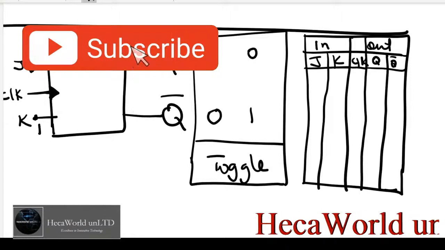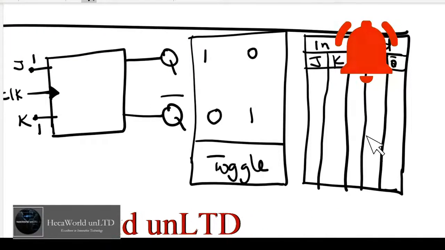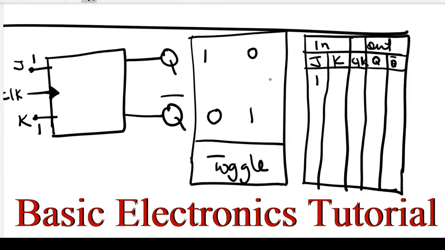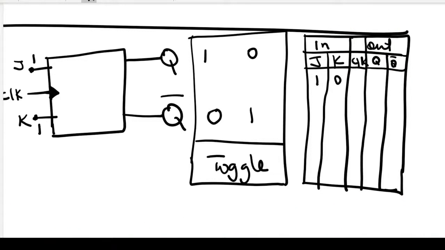So we can just fill out this table. Let's say we have J as 1 and K as 0, and we send a clock to the clocking input. What's going to happen?